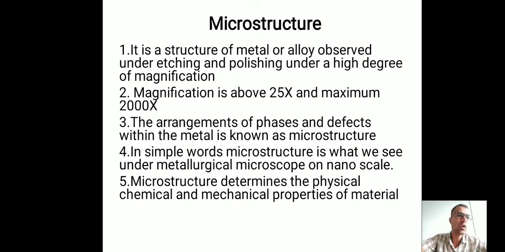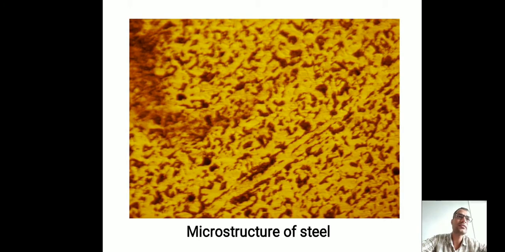If we select more magnifying lens, we get a detailed view of our structure. Clear? So the arrangement of phases and defects within the metal is known as microstructure. If we see the microstructure of steel, it consists of different phases, dark and bright phases, and different names are there.